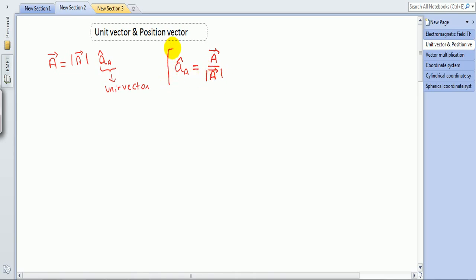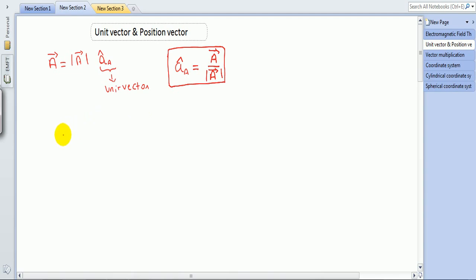By using this we can find out unit vector along any vector.